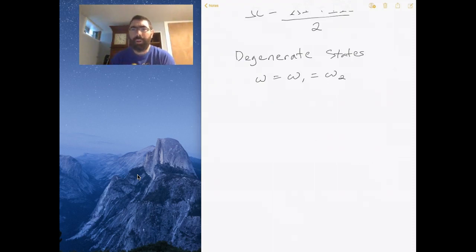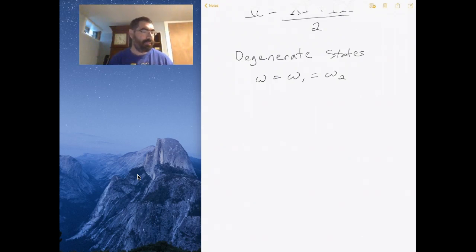So if I'm considering an eigenvalue problem where I have two solutions, omega 1 and omega 2, but in this case, omega 1 is equal to omega 2, then how do I consider that measurement? Because I should measure it twice. Or basically, another way of saying it is that I measure the answer to be omega, but I can get to it from two different ways, either through omega 1 or omega 2.